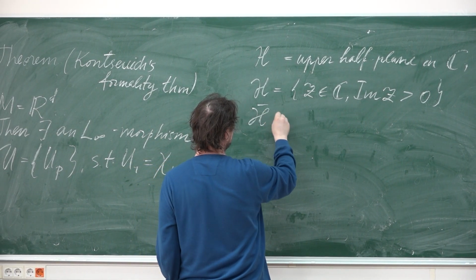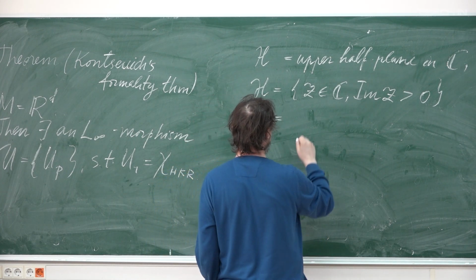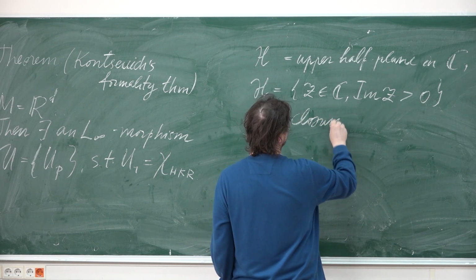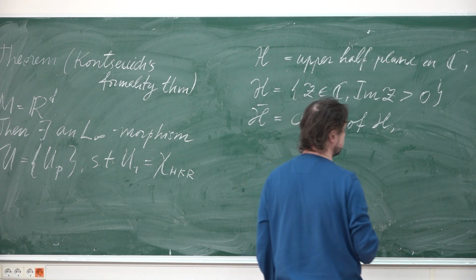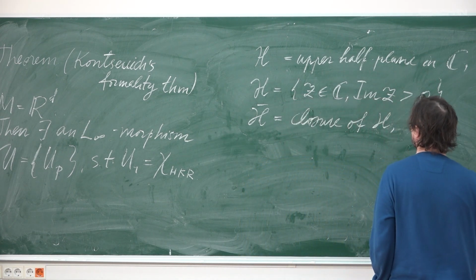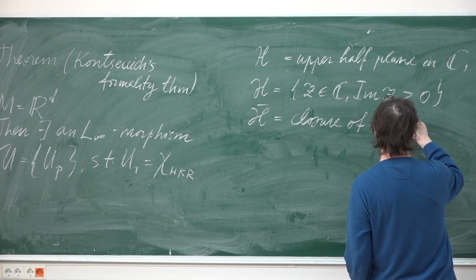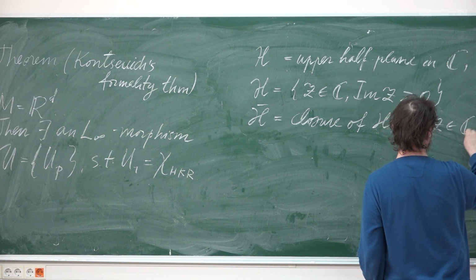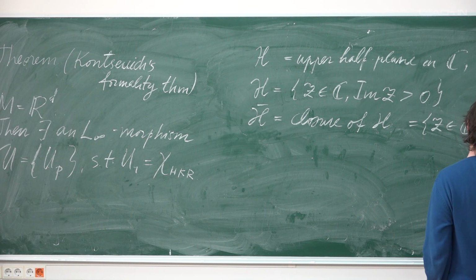H bar will denote the closure of H, that's to say, the set of all z in complex numbers such that the imaginary part is greater or equal to 0.